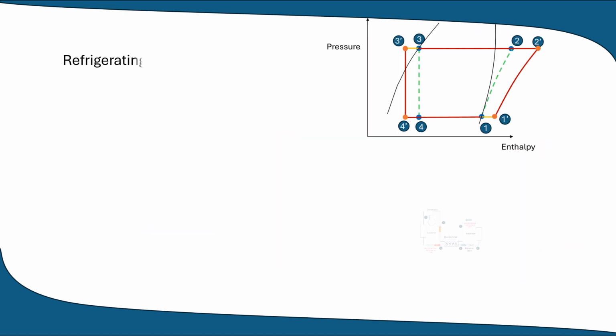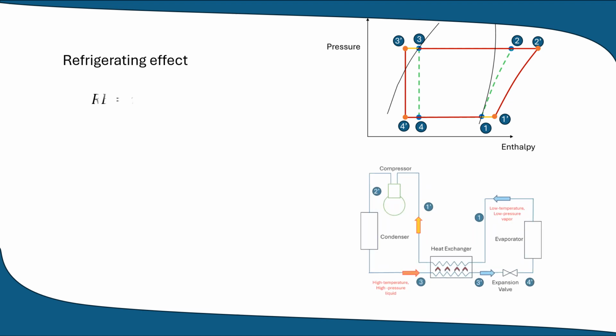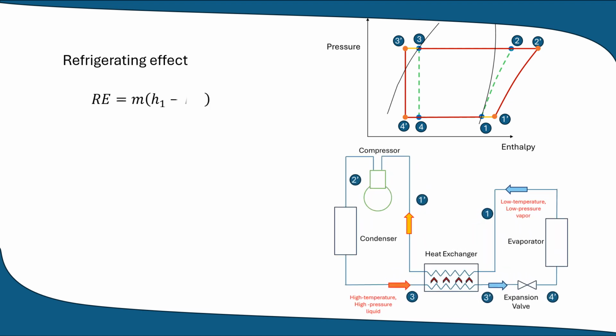The refrigerating effect, Re, is given by m times (H1 minus H4). Note that the mass flow rate is constant throughout. The refrigerating effect is increased compared to that of the simple saturation cycle due to subcooling. The compressor work, Wc, equals m times (H2 minus H1').